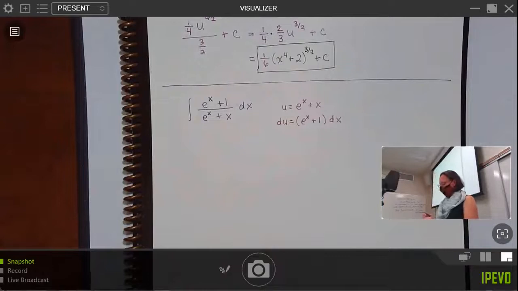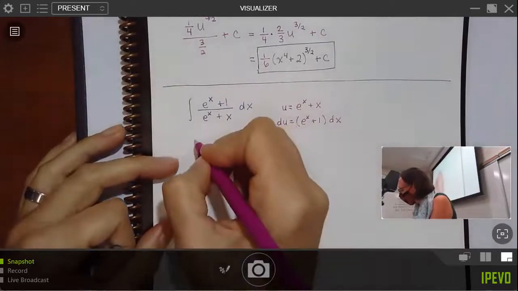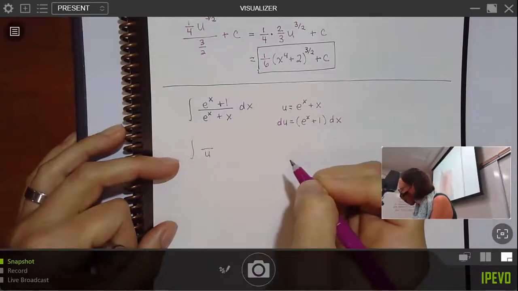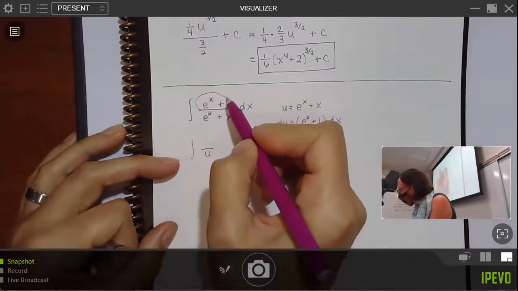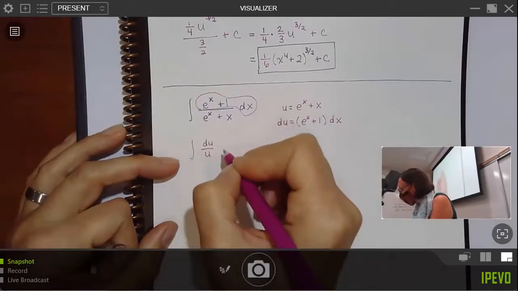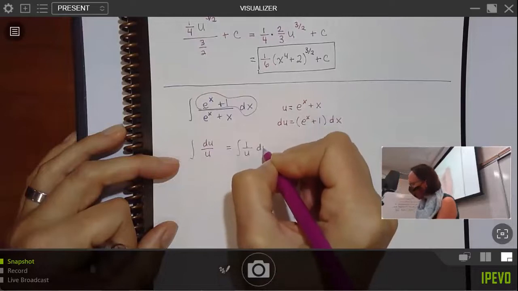Well, this one's a little bit messier to look at when I do my vocabulary swap, but the denominator down here is u. And that whole numerator part is du. Or if you prefer to look at it as 1 over u du, you can as well.